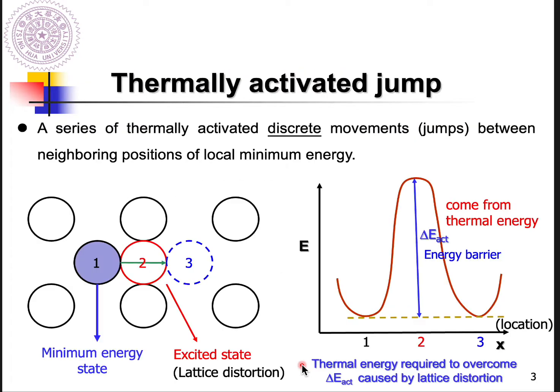the diffusion process. So as we know, as long as these atoms have higher energy, which can overcome the energy barrier from the thermal energy, then this atom is going to make a successful jump from location 1 to location 2, right?